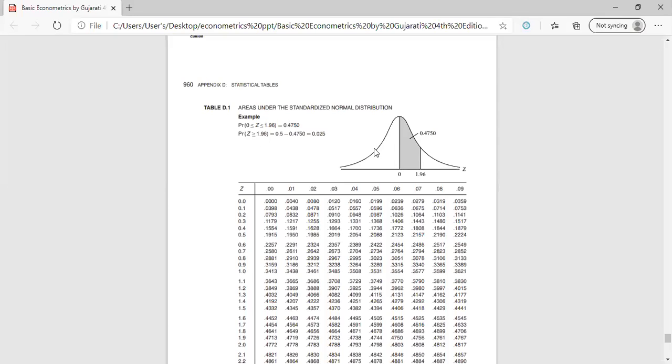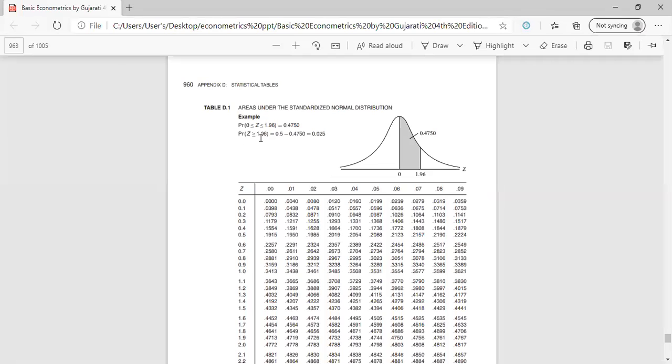So if minus 1.96 is here, then you are looking at the left of minus 1.96, which is the same as right of plus 1.96. So if the probability that Z is greater than plus 1.96 is 0.025, the probability that Z is less than minus 1.96 would be 0.025.